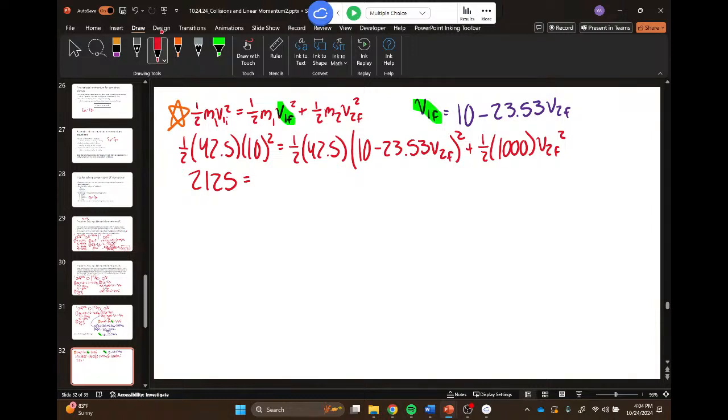All right, you get to FOIL things. Times 100 minus V2F plus 553.66 V2F squared, parentheses.